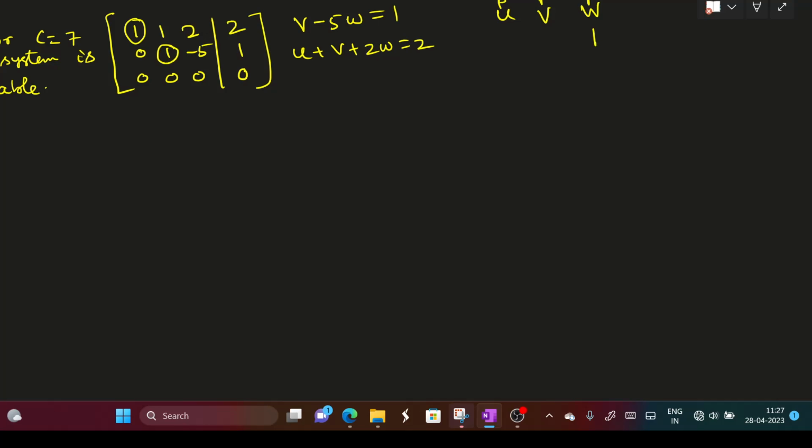That will give me v is equal to 6. Now this is 6, this is 2, so 8, and this side it is minus 6. So it has several solutions. The set of vectors which are linear combinations of minus 6, 6, 1 are all solutions of this system of equations.